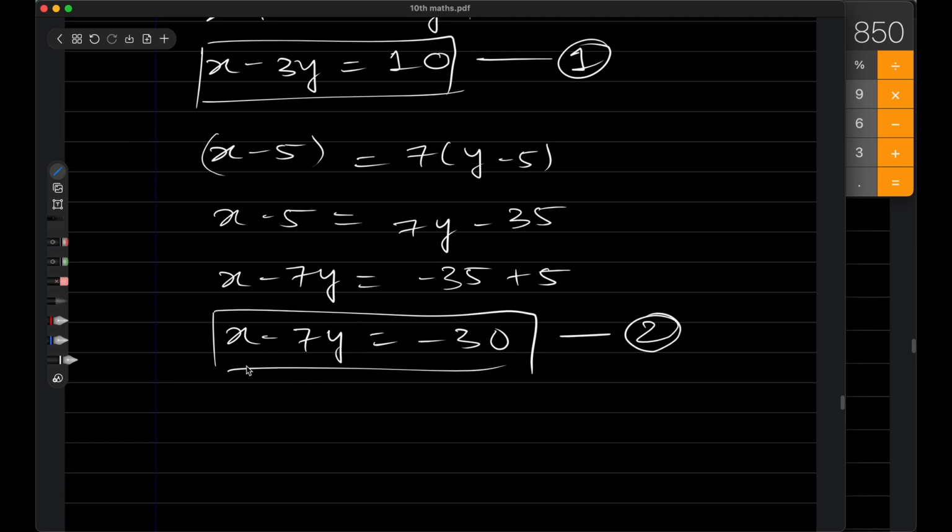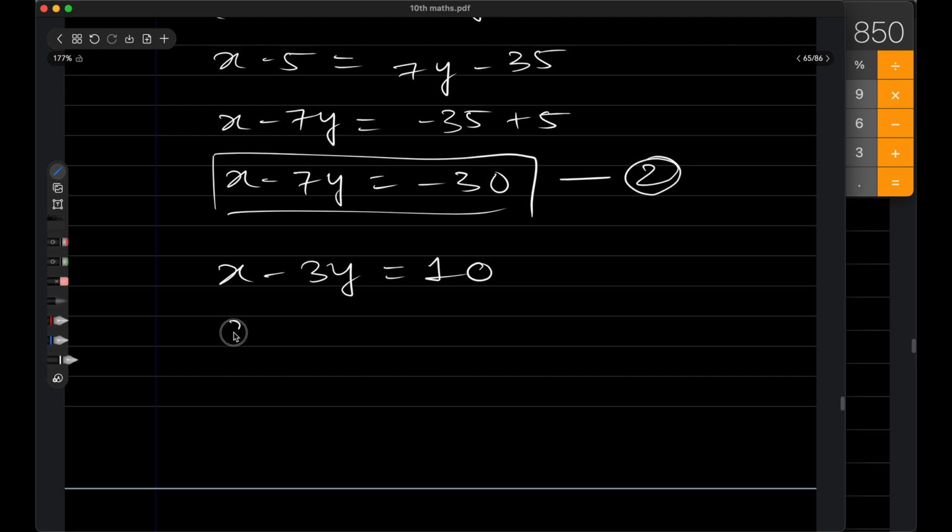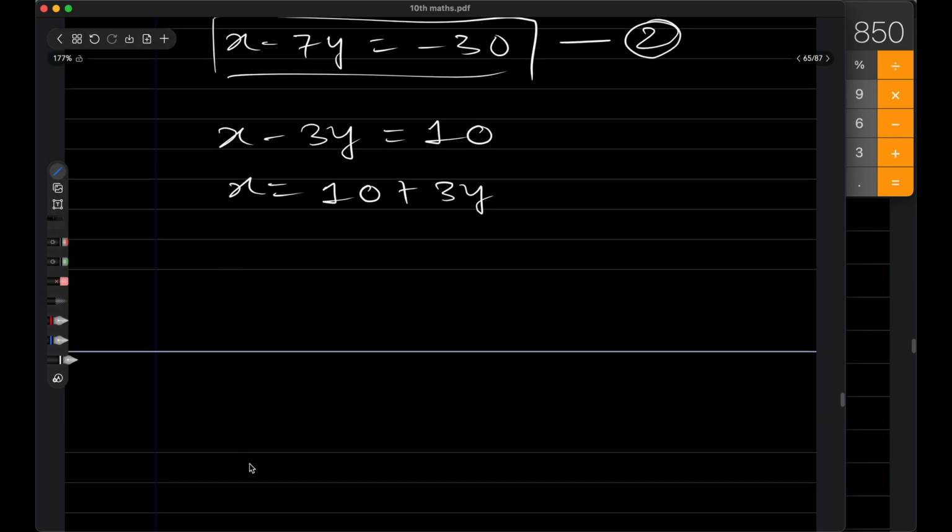Now let us solve for X from the first equation, that is X minus 3Y equals 10, so X equals 10 plus 3Y. Put the value of X in the second equation, that is X minus 7Y equals minus 30.